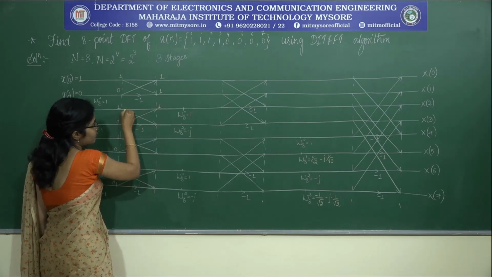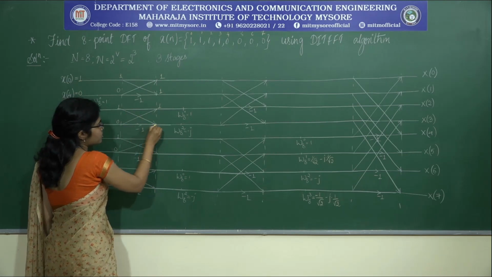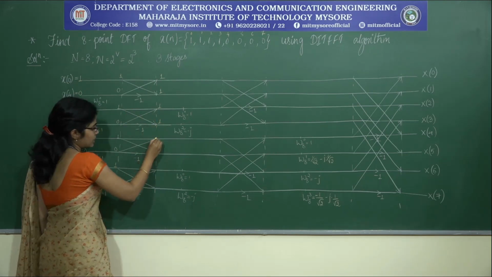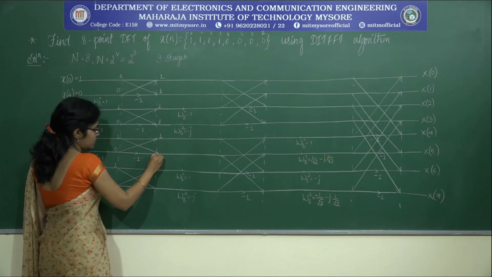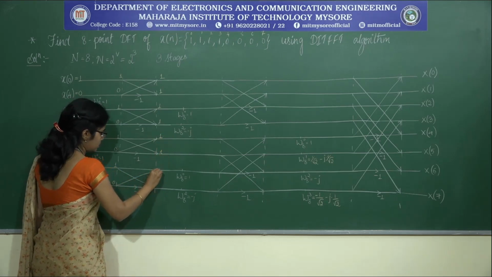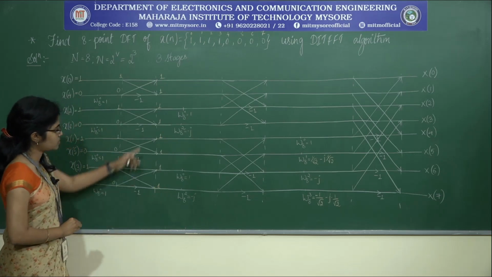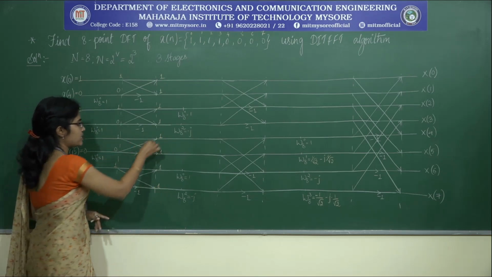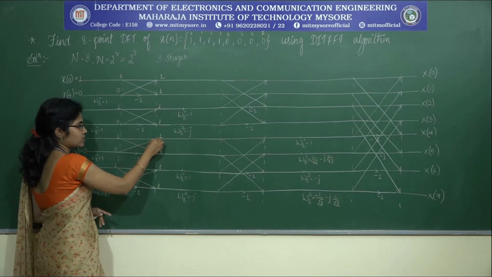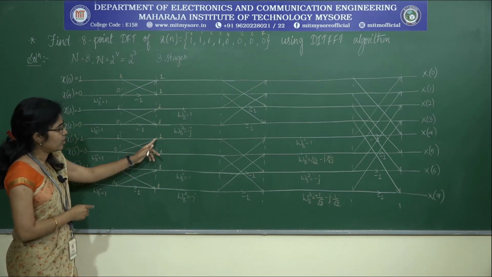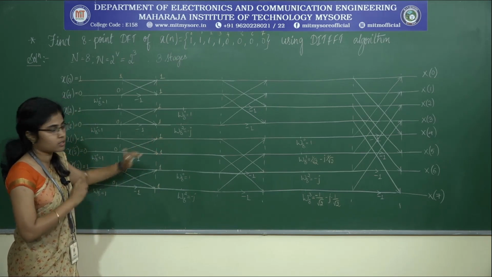At this point, from this branch it is 1, from this branch it is 0, gives us 1. Again at this point also it is 1, here also it is 1, here also it is 1. Okay. Hope it is clear how we got 1. So stand at this point, check how many branches are meeting at this point, check what are the signals meeting at that point, then add those signals. Okay.